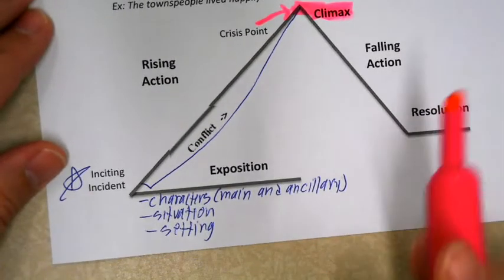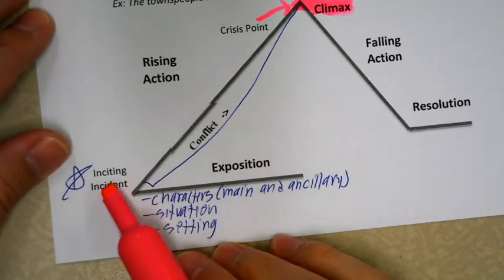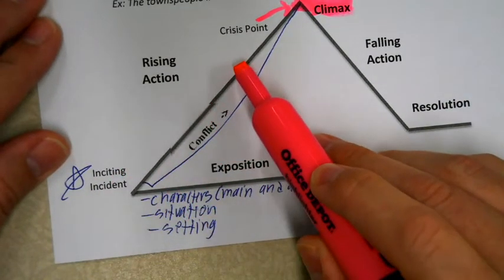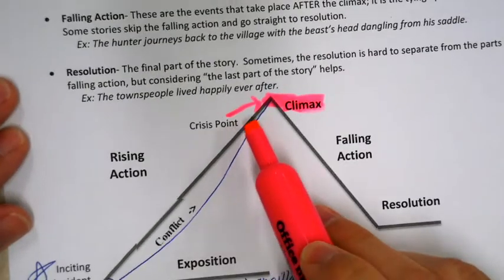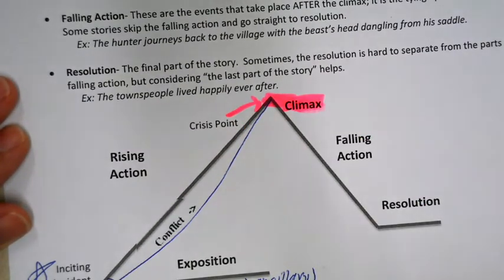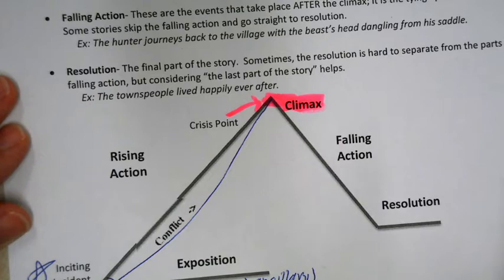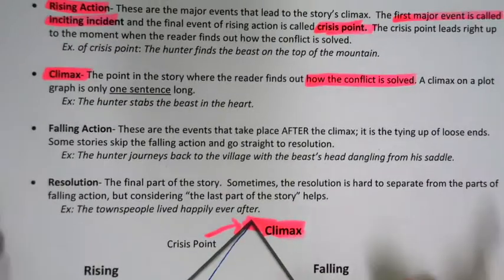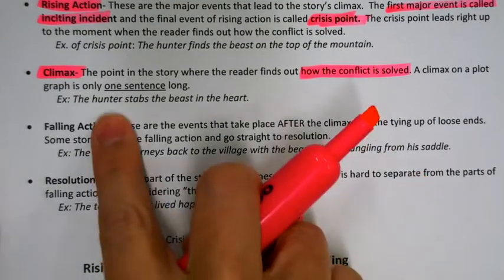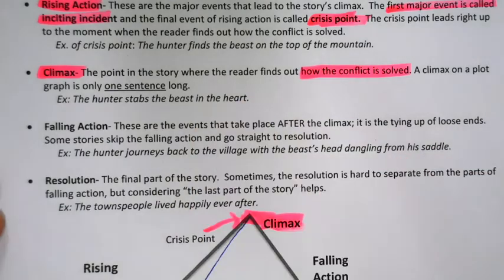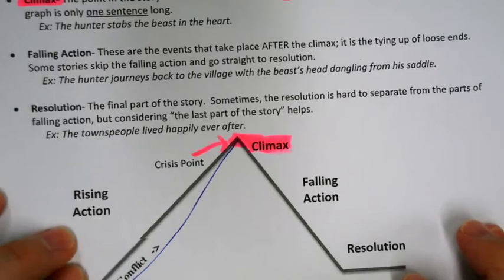So we've got inciting incident starting off the rising action, building up alongside the conflict. The crisis point leads right up before the climax at the very top, and it is only one sentence long. It's only one thing happening. The hunter stabs the beast in the heart. That solves the problem. After the climax is the falling action.